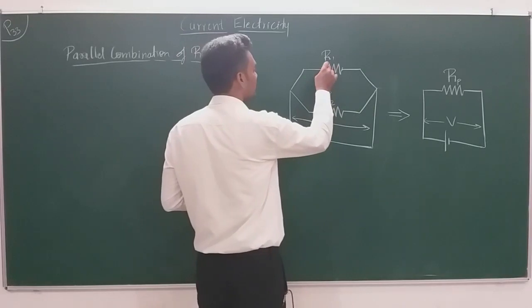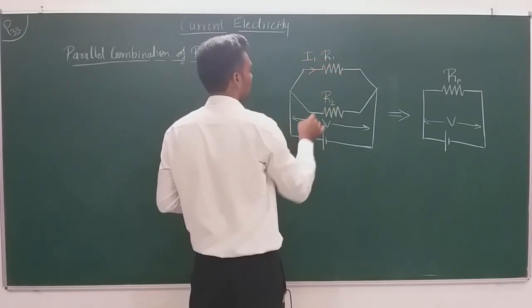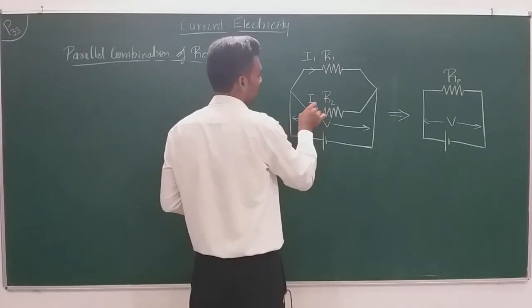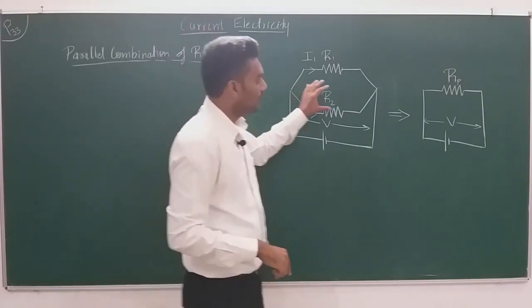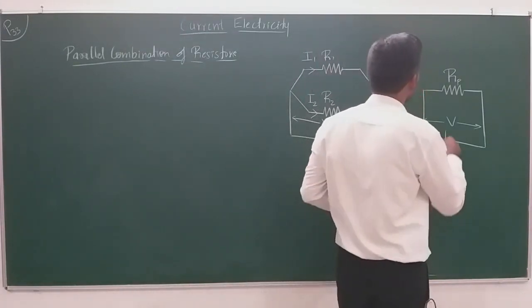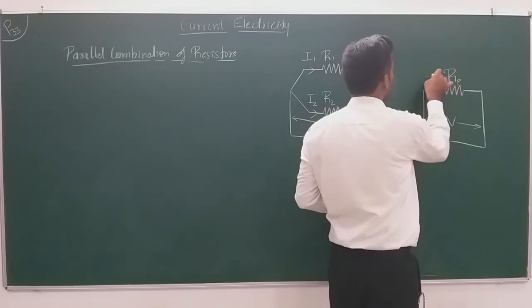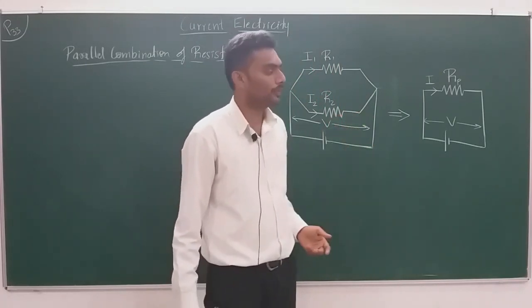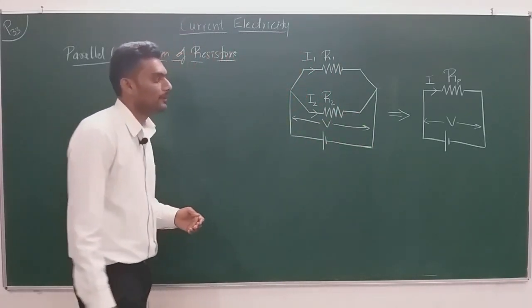So let I1 be the current flowing through the resistor R1 and I2 be the current flowing through the resistor R2. Now, when you have the effective or equivalent resistor chosen, let I be the net or total current flowing through the effective resistance Rp.